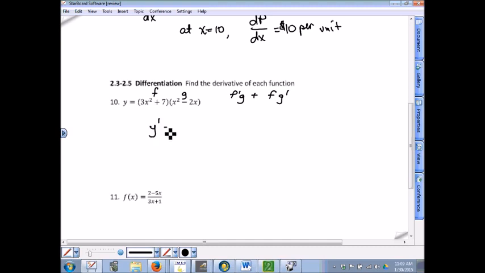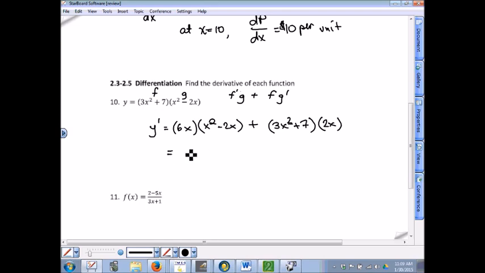So y prime would be the derivative of the f function, which is 6x, multiplied by the g function, x squared minus 2x. And then we add the f function multiplied by the derivative of the g function.